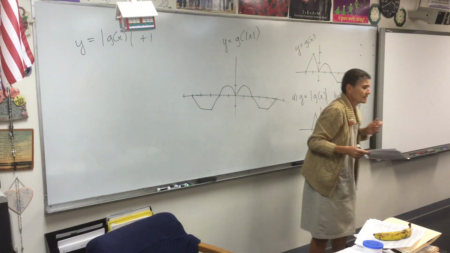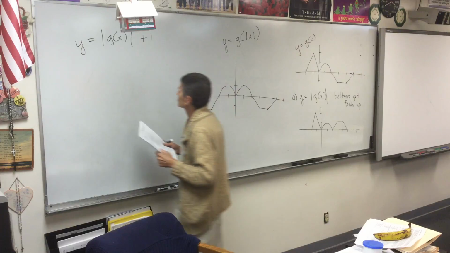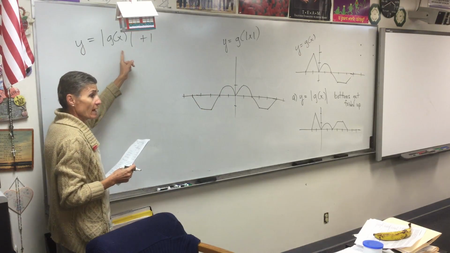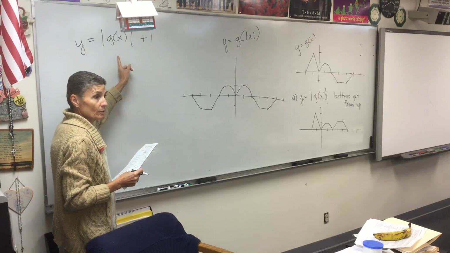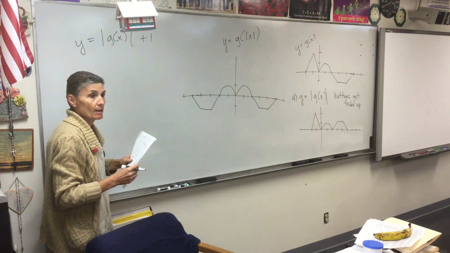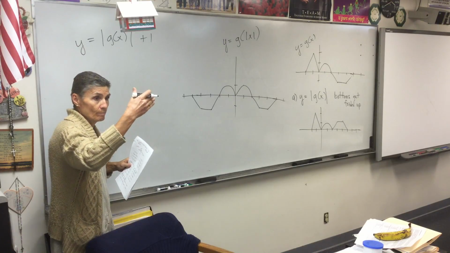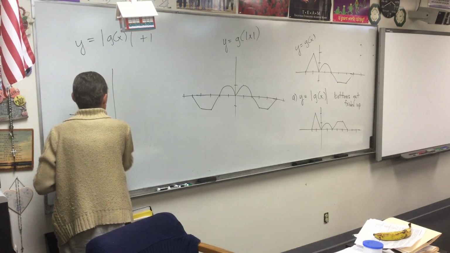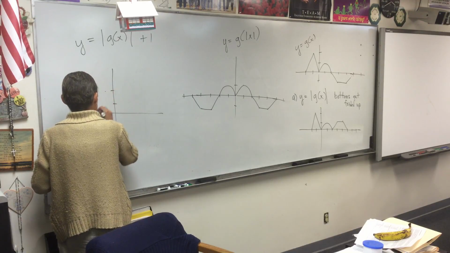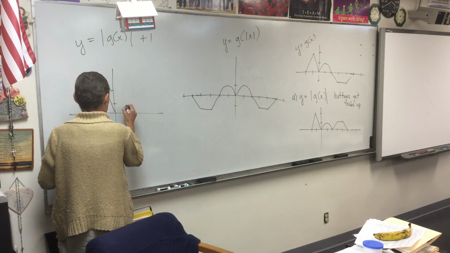Got it. All right, let's get this one done. See where the absolute value is? Okay, so what does that position do? Absolute value there. The bottoms go up. Okay, so I'm going to draw that.